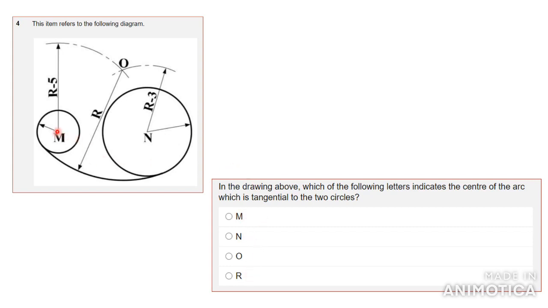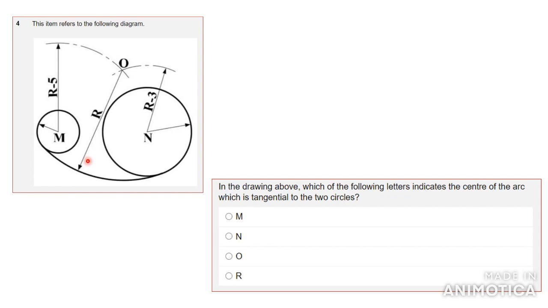Well, M is actually in the center of this circle, so it cannot be the arc. N is the center of the larger circle, so it cannot be for the arc. O is actually the center of this arc, which is tangential to the 2 circles, as I said in the question. So the answer would be O, and R is basically the radius of that arc.